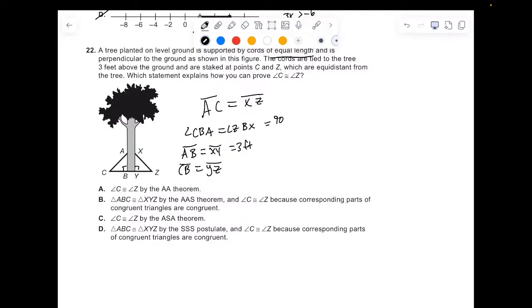And which statement explains how you can prove that angle C is equal to angle Z? So let's see, what do we know? We know that we have some right triangle where we know X and we know, let's just say Y, right?